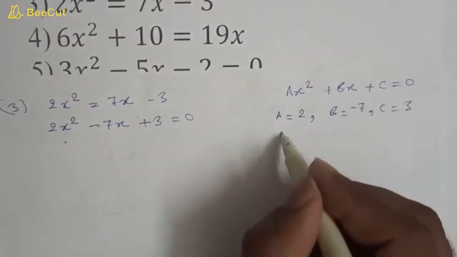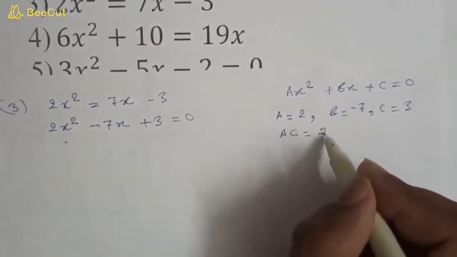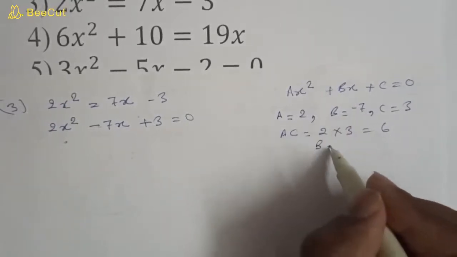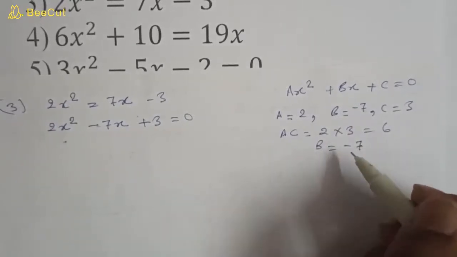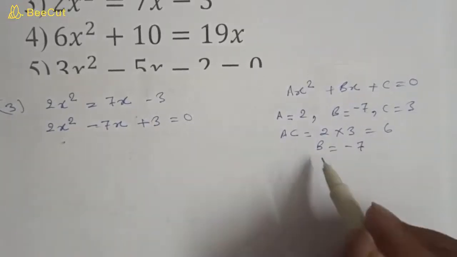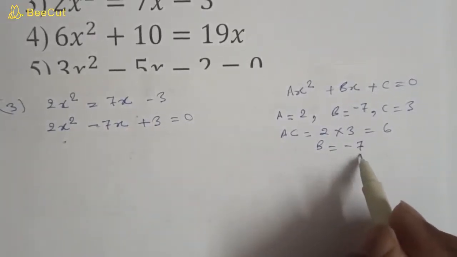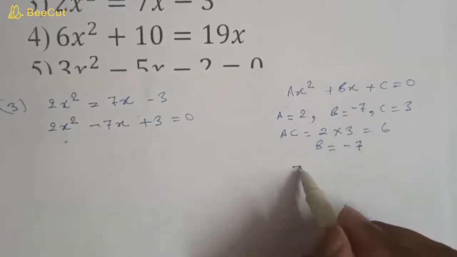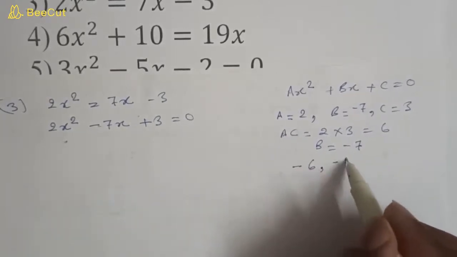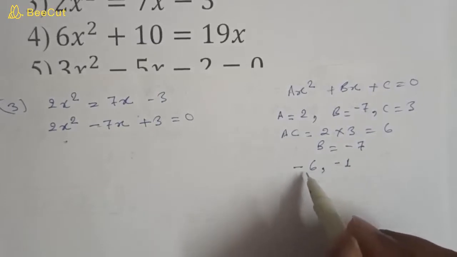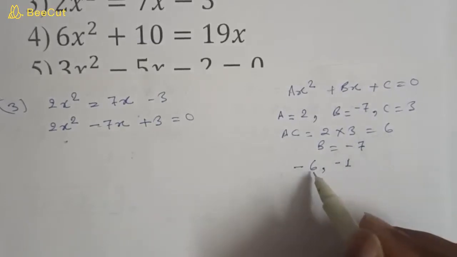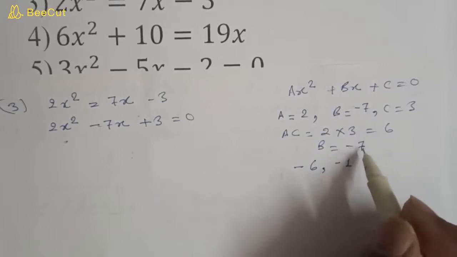If we multiply a and c, we get 2 into 3 is equal to 6, and b is minus 7. So we have to find two numbers such that if we add them we get minus 7, and if we multiply them we get plus 6. If we take minus 6 and minus 1, multiplying minus 6 and minus 1 gives plus 6, and adding them gives minus 7.